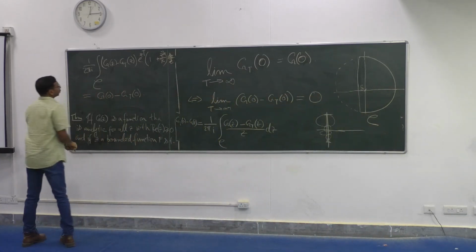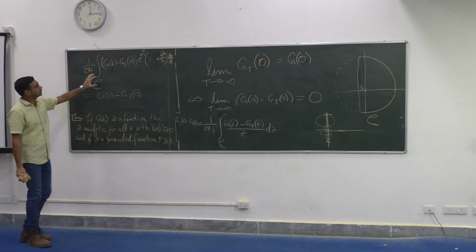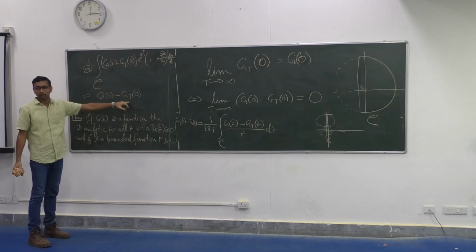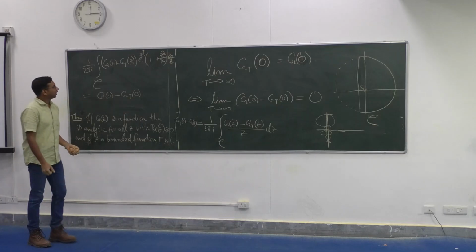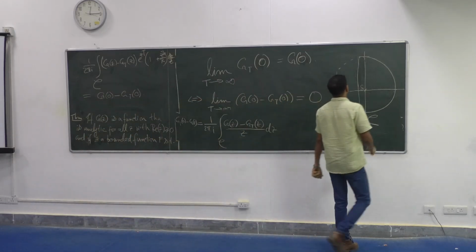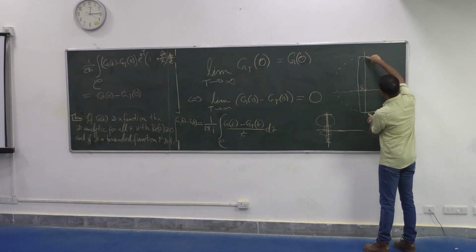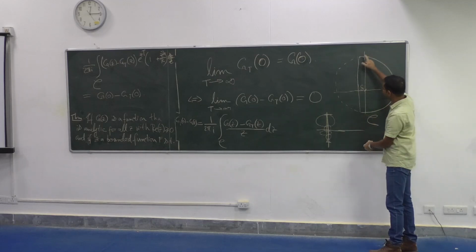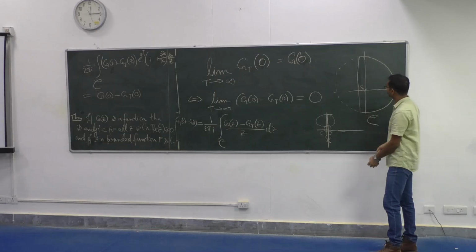So now what we are going to show is that this integral goes to 0 as t goes to infinity. That is what we show. For that, we consider it on different parts, like this R and this R, this part, the part delta.